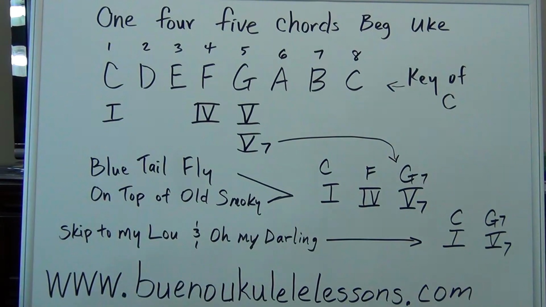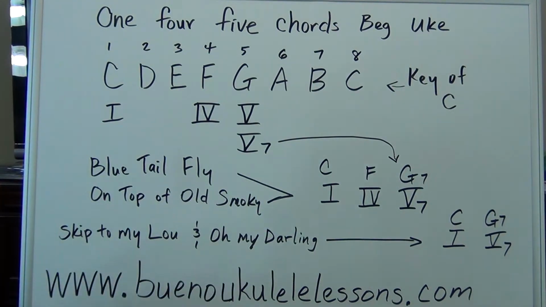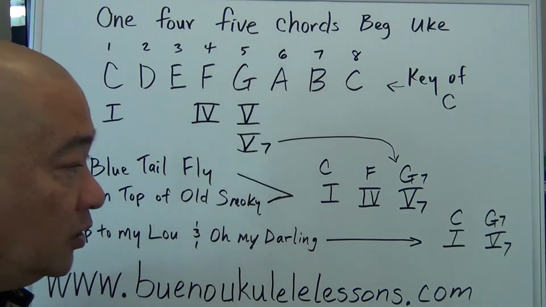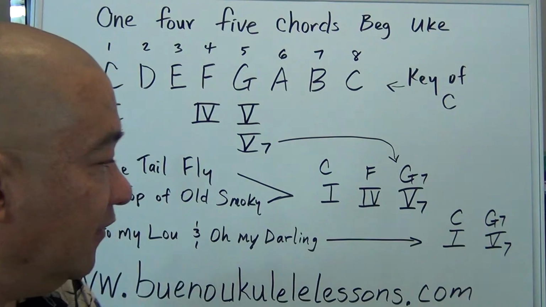Now, for the next two songs, you don't have to do this, but I just want to explain to you. Skip to My Lou and Oh My Darling have 2 chords in them. The 2 chords are the C chord, which is the 1 chord, and the G7, which is your 5, 7 chord.